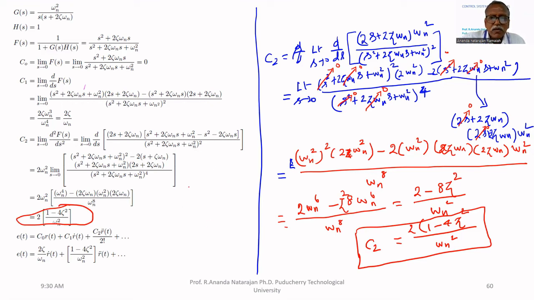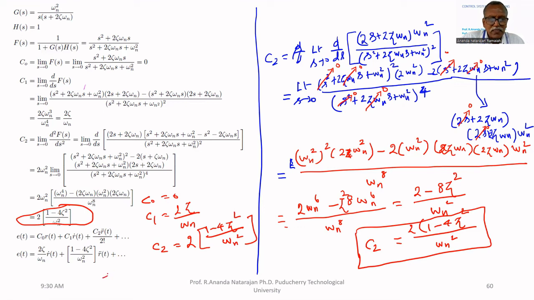So we got C0 equal to 0, C1 equal to 2 zeta upon omega n, C2 equal to 2 times 1 minus 4 zeta square upon omega n square.